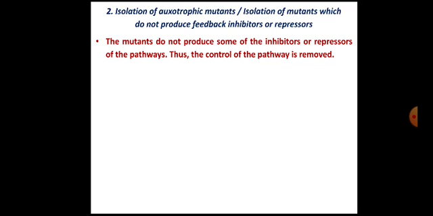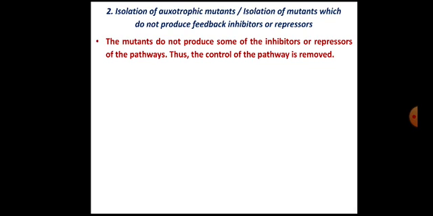Such mutants are called auxotrophic mutants. That means auxotrophs are not able to synthesize a particular type of growth factors, so they have to depend on external addition of these factors for their growth.